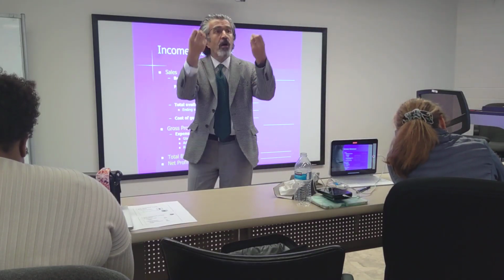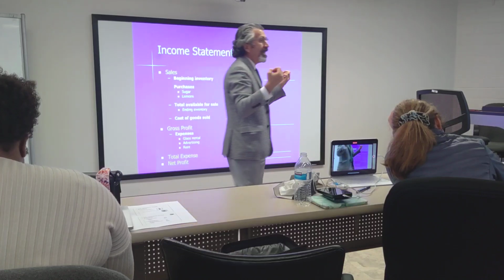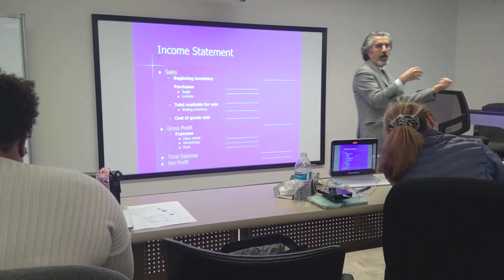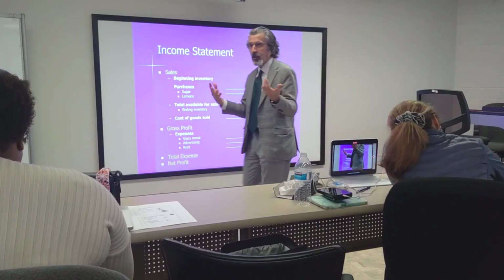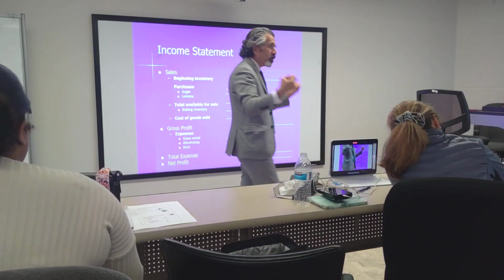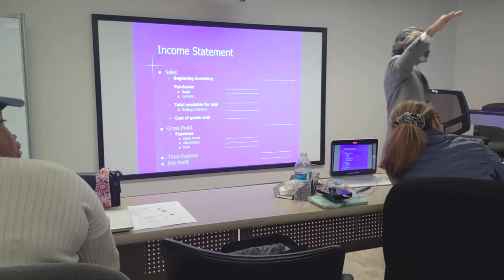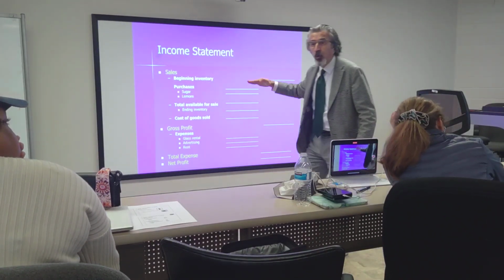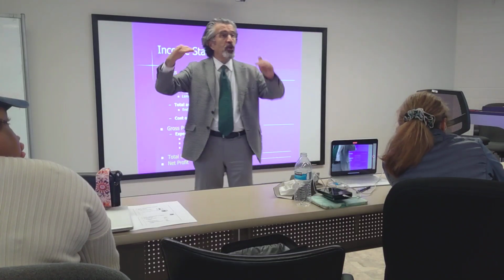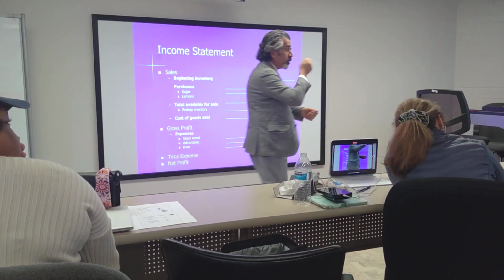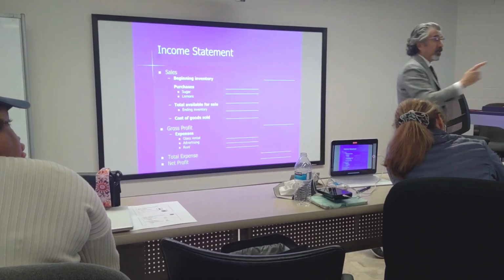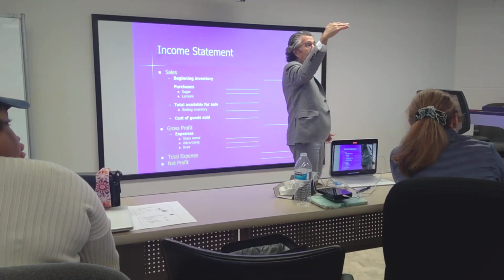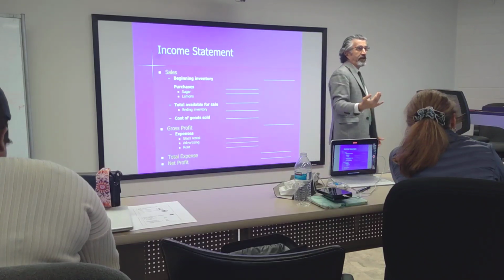By goods here we mean lemonade. Goods means a product, not good versus bad. Good in economics means product. The cost of goods sold has to be $10 because your beginning inventory is 12 and your ending inventory in the fridge is 2. That means you must have sold the difference, unless you secretly drank it yourself. That's cheating. The cost of goods sold is always beginning inventory minus ending inventory.